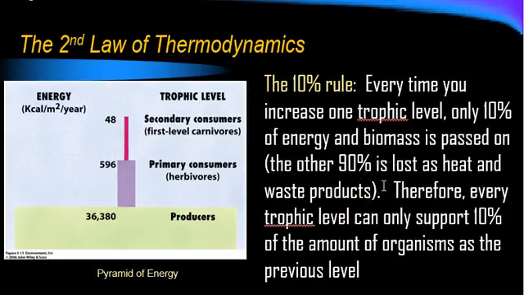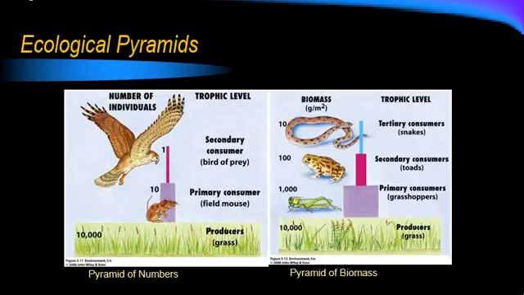And therefore, every trophic level can only support about 10% of the amount of organisms as the previous level. Now, this is approximate. It is not always exactly 10%, and you can see that in this example, it is certainly not 10%. It's not always going to work, but it's a good rule to stick by.